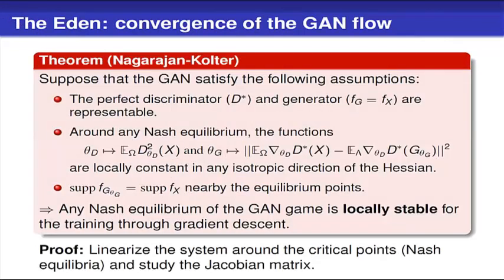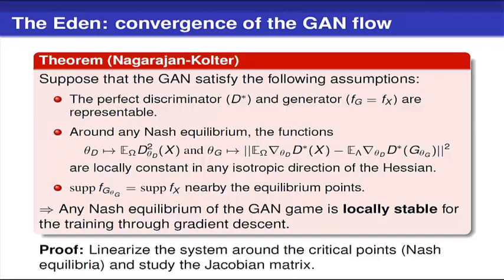There is a very nice theorem which says life is very happy, because the critical points of this scheme are locally stable, meaning that the Nash equilibrium of the GAN game attracts orbits. But this theorem has hypotheses, and they are not true in reality.